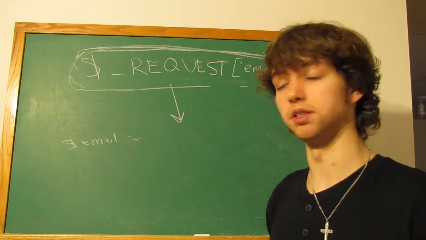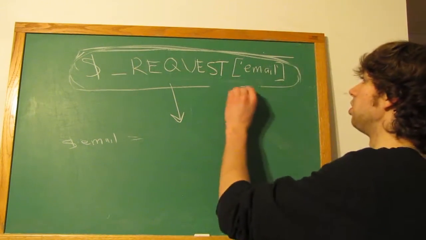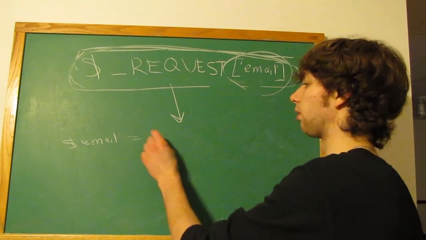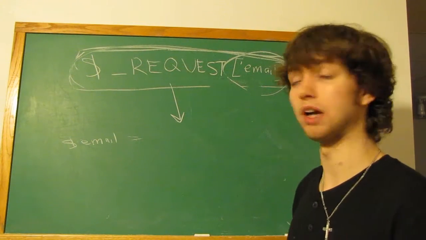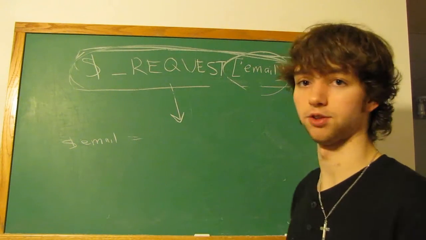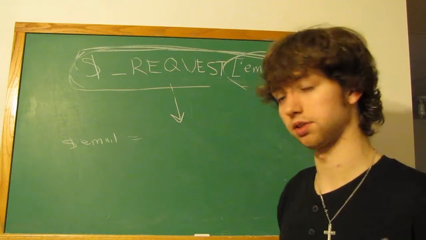The reason we did that is because we don't know what this person's going to put in as their email. We can't write that out, so we have to reference that using the array notation, which is where the value is stored.